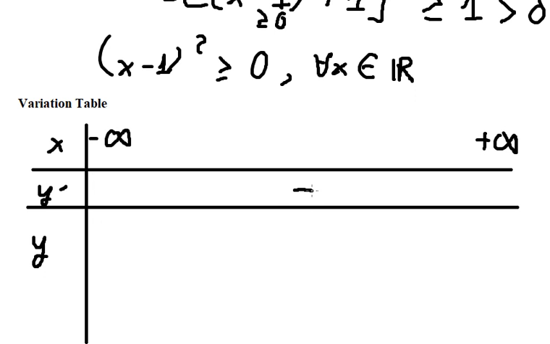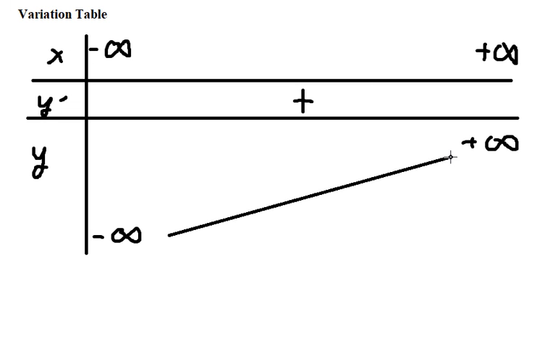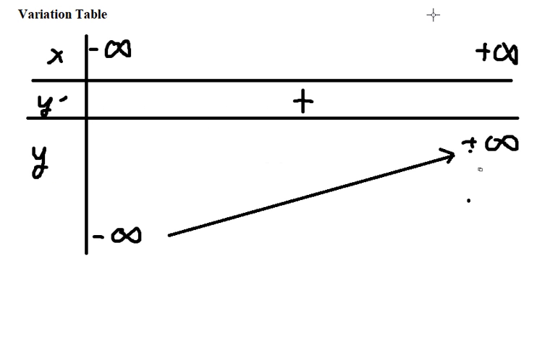We know that this is always a positive number here. So we just put d equals negative k. For example, the red line represents d.